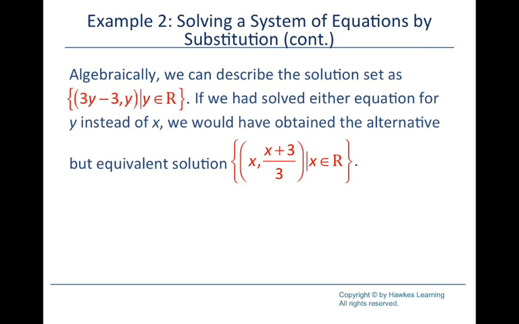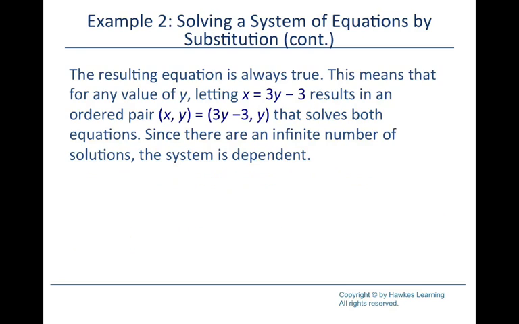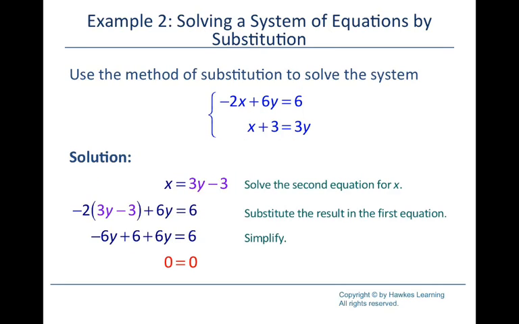So if we solve either equation for one variable, we can describe the solution set as 3y minus 3 for your x, because we found x is equal to 3y minus 3, and so that's how you're going to define your x.